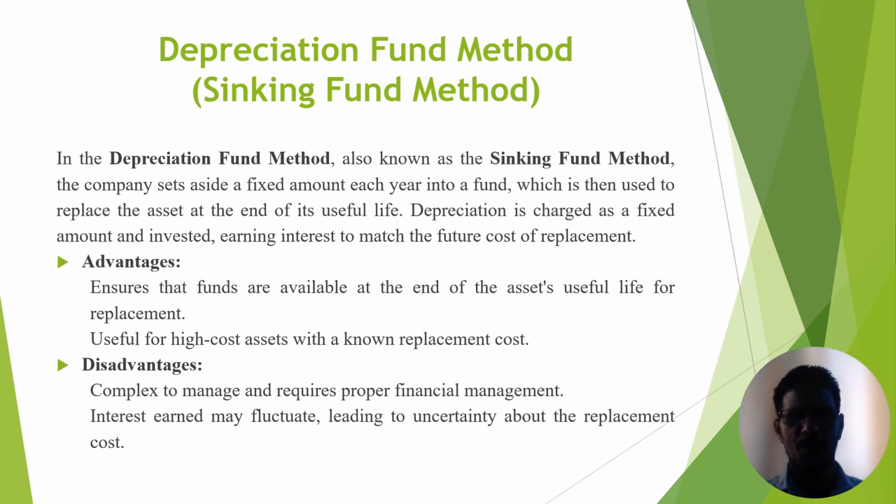From the profit and loss account, we have every year's profit, and from it some amount we set aside for the fixed asset. So depreciation is charged as a fixed amount, and this amount we set aside and invest in the market. On this investment we earn interest to match the future cost of replacement.